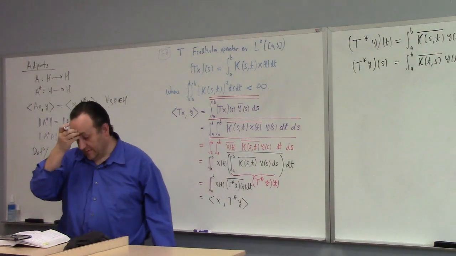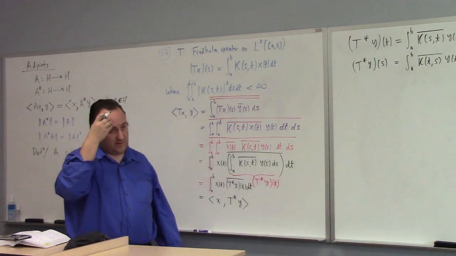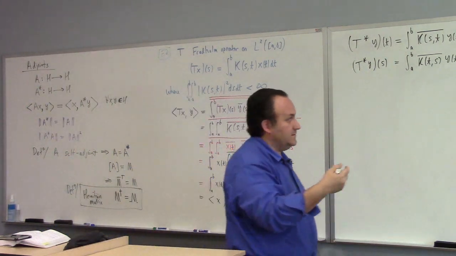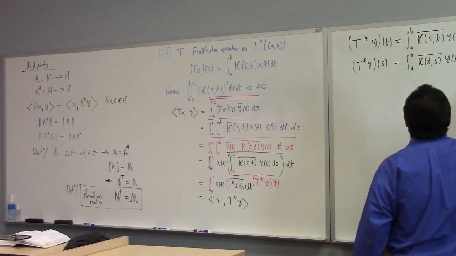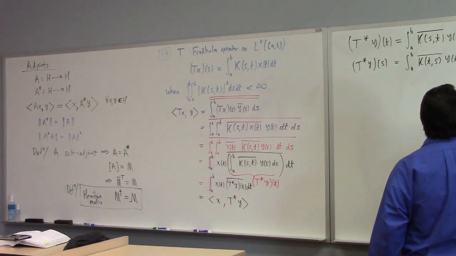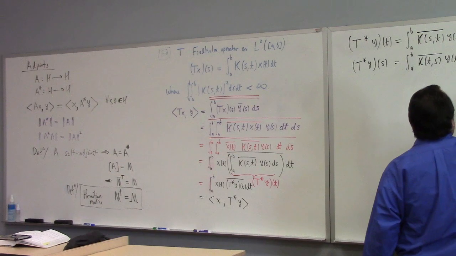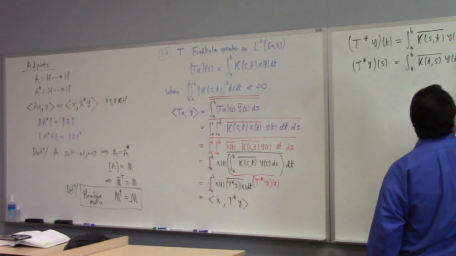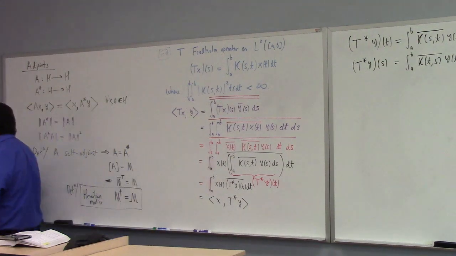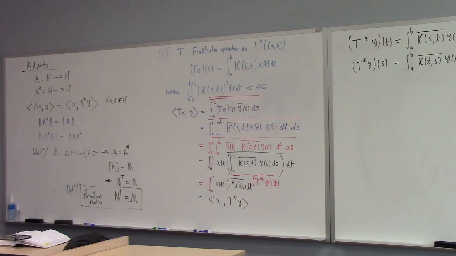You can flip the s and the t, and he does that so you can more readily see, in order for this to be equal to T y of s, what condition do you need?